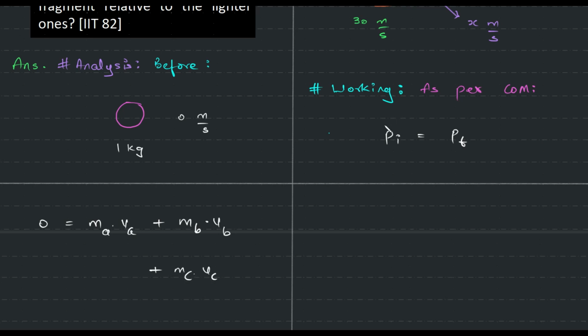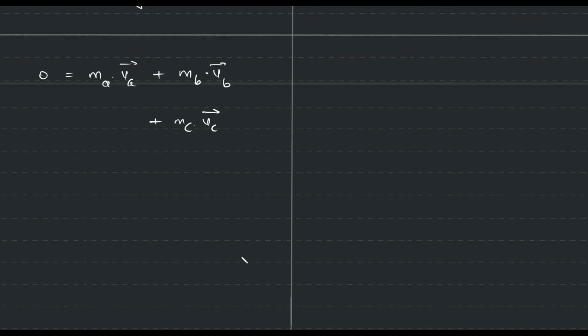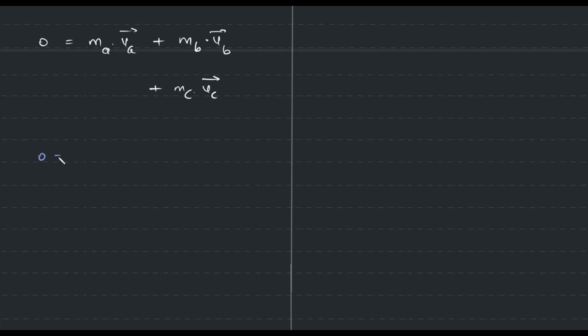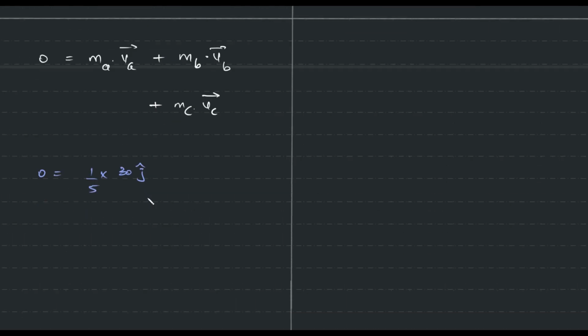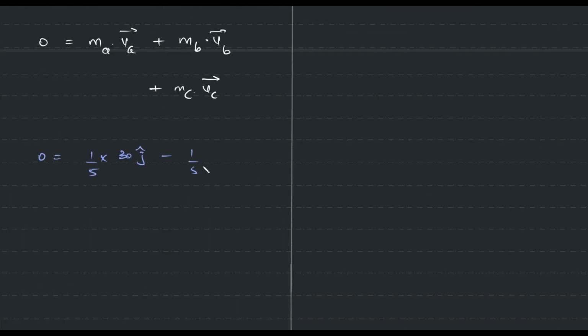Till now I didn't bother with this because it was all one-dimensional motion, but now we have two-dimensional motion, so we need to take care of this. Everything has to be in vector form. So this is 0. This is 1/5 of the mass times VA. I'll take it as up, so it would be 30 j cap, right? It's going up, so it's 30 j cap. This is 1/5 into 30 i cap going left as per my diagram.